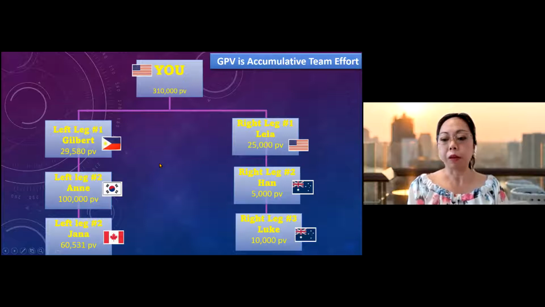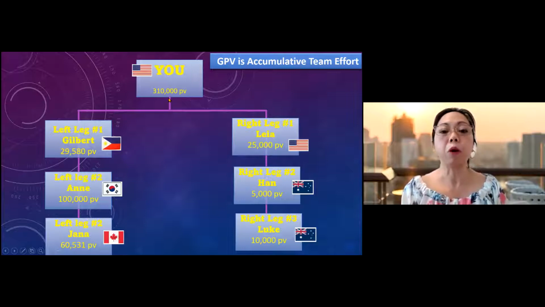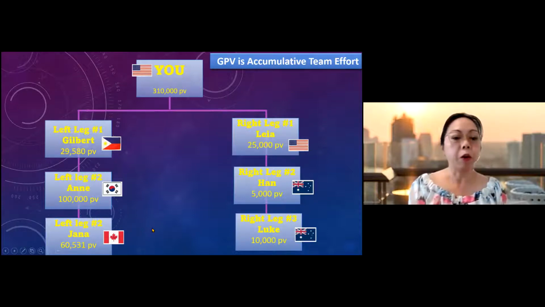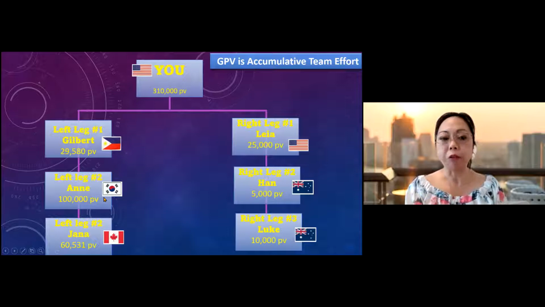So, for example, this is you right here. You already had 310 PVs, sorry. This is your left leg over here, Gilbert, Anne, and Jana. So let's say all of them bought products today.